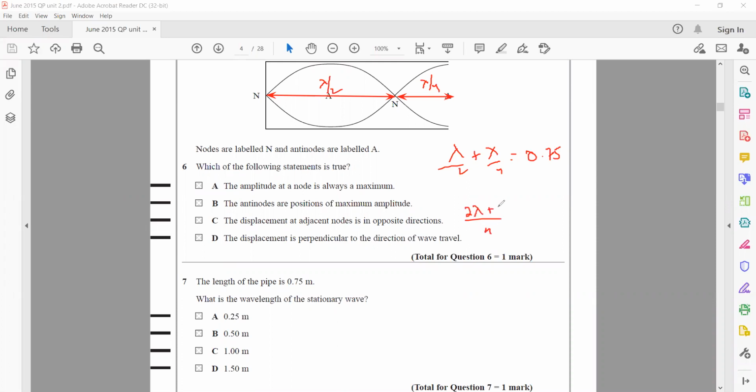This will be 2 lambda plus lambda over 4 equals 0.75, or 3 lambda by 4 equals 0.75. So lambda is equal to 0.75 multiplied by 4 divided by 3. So C will be the right answer, because 0.75 into 4 is 3, and divided by 3, that equals 1 meter.